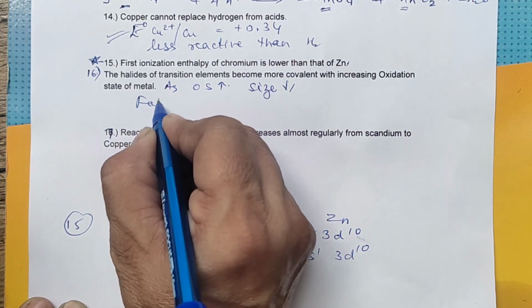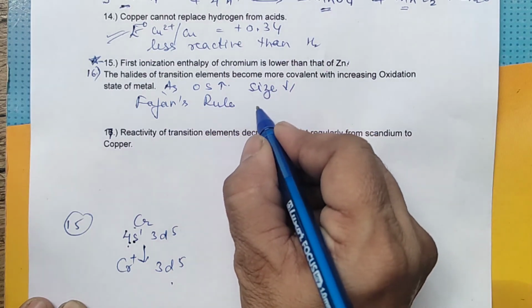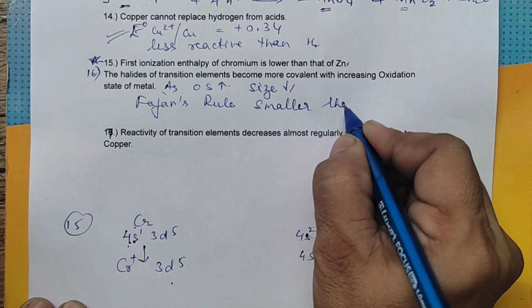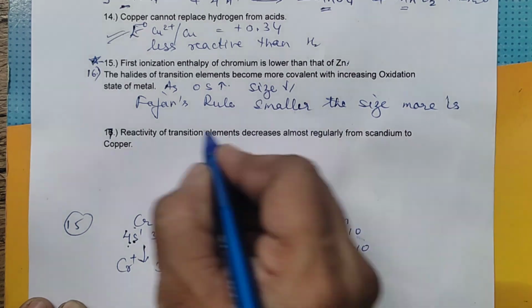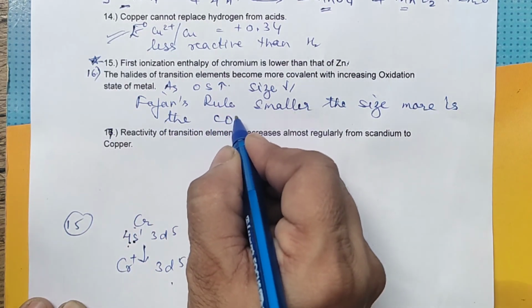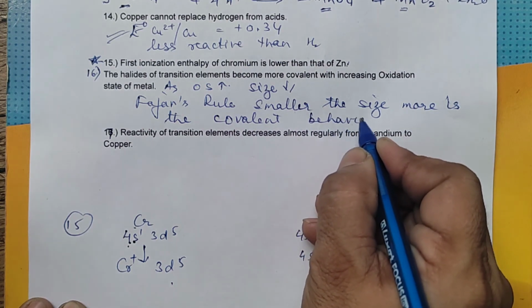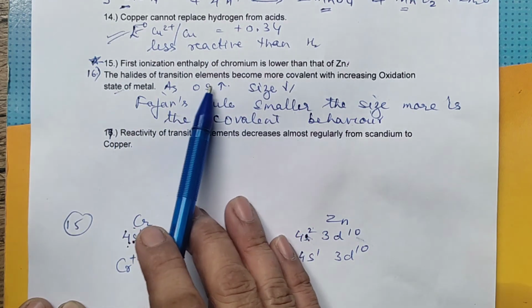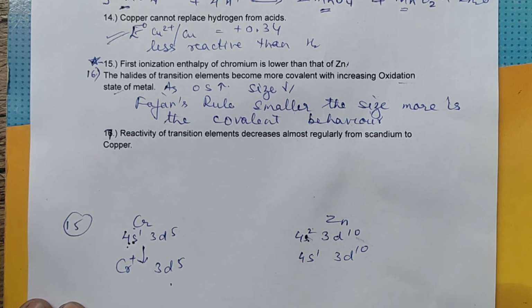As per Fajan's rule, the smaller the size, the more is the covalent behavior. That is to be written in this. So transition element halides are becoming more covalent with increasing oxidation state. The more the oxidation state, the smaller the size, and smaller size means more covalent behavior.